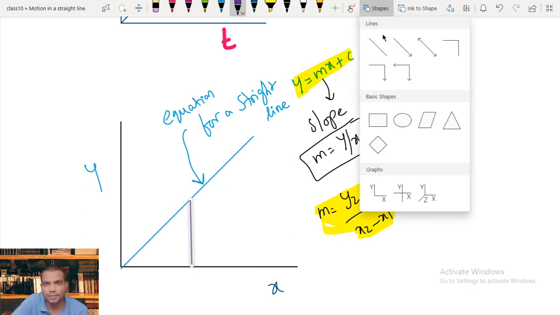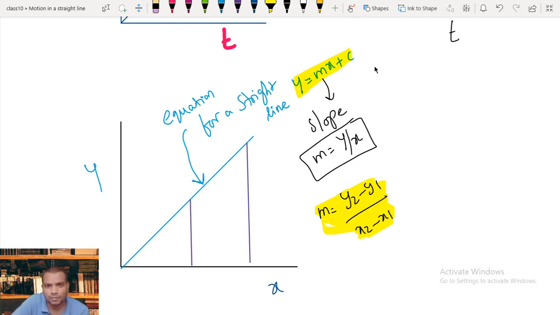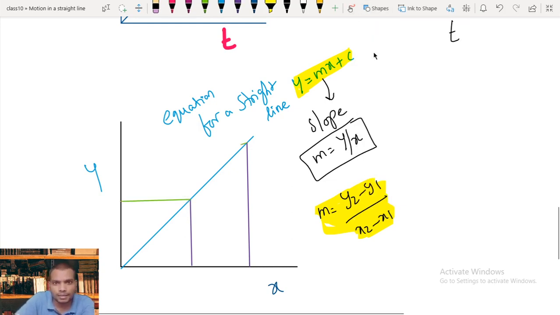That's one of the locations which I selected, and another location let me take somewhere here. Taking lines from the corresponding y-axis points, now for a moment let me take the x values: 1, 2, 3, and 4.